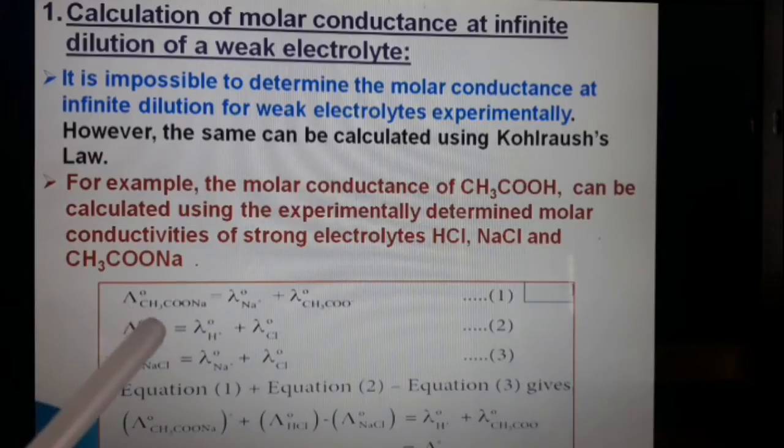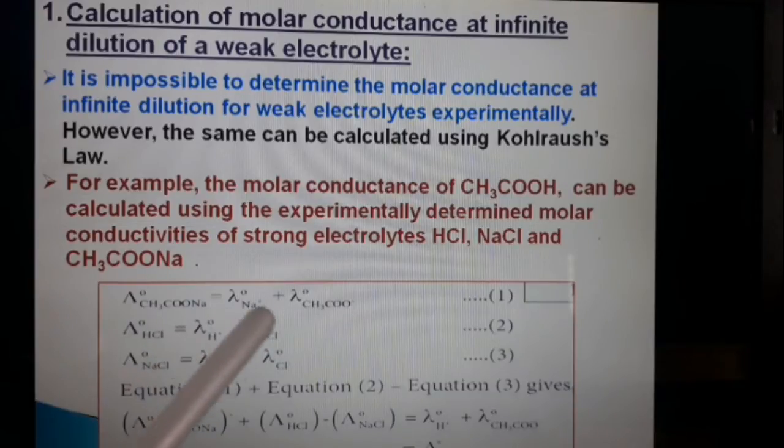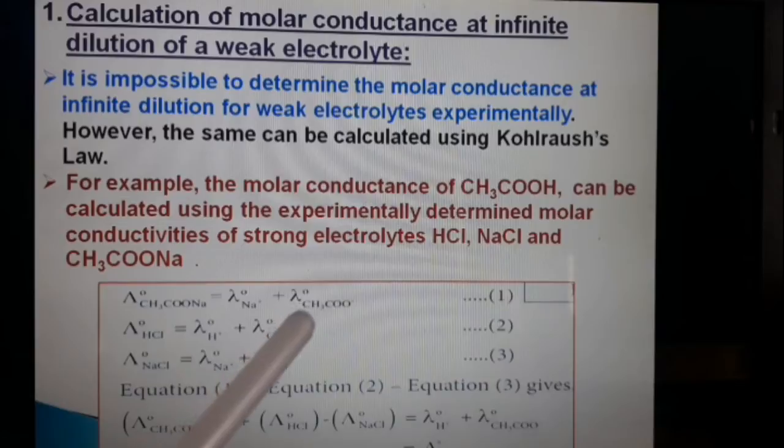Lambda 0 CH3COONa is equal to, after ionization into Na plus and CH3COO minus, the molar conductance of each ion: lambda 0 Na plus and lambda 0 CH3COO minus. This is the first equation.